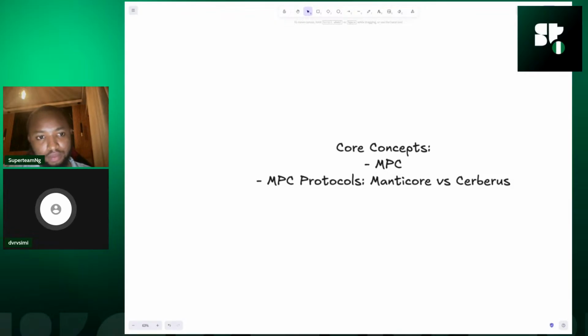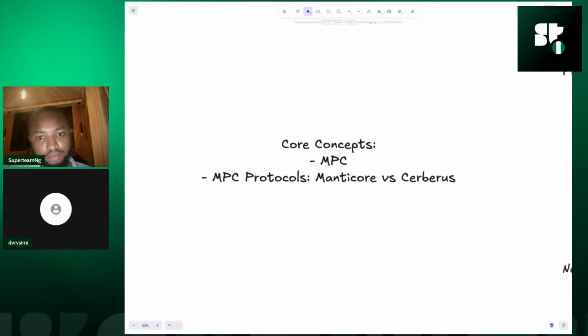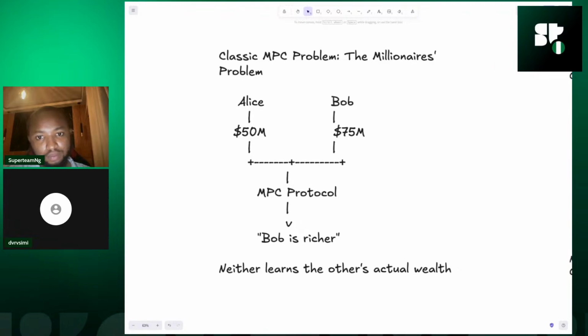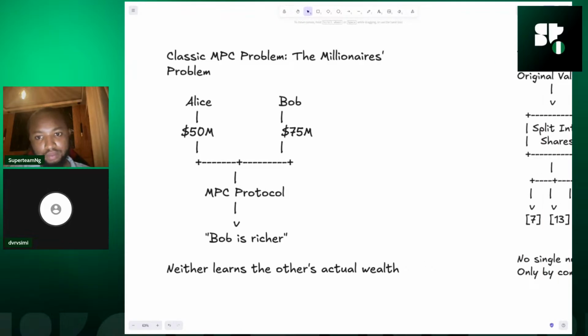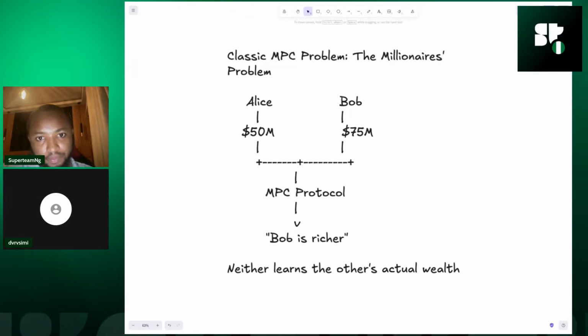So I'll just go through a classic MPC problem now. Say there are two people that want to know who is the richest person between them, but they do not want to actually expose their balance.